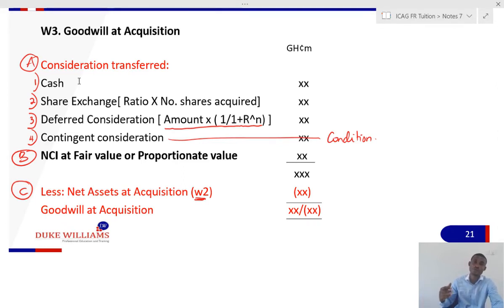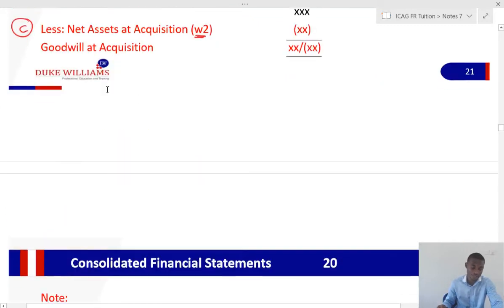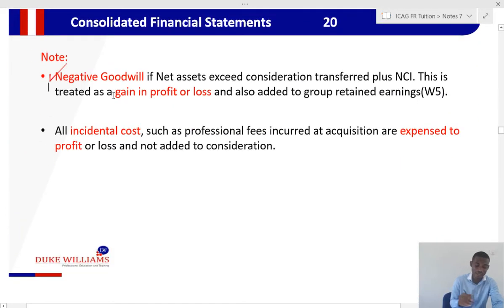Then also they should recalculate the net asset. Maybe the assets were overvalued. Now, if after this recalculation they still have negative goodwill, then we declare that such a negative goodwill is a gain on acquisition, and that gain will be reported in profit or loss, or where we are looking at the financial position, that gain will go to workings 5.